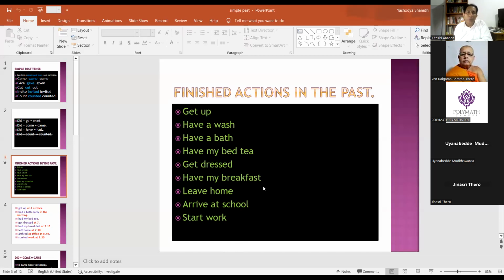If we are going to talk about these actions or happenings after 9 a.m., all these things are going to be past. So when talking about something finished, we do have to use the simple past tense.